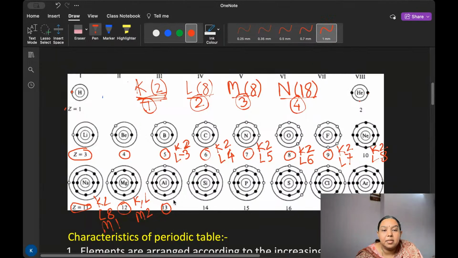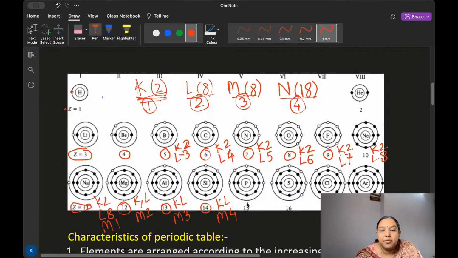Again K and L shells are filled, and in M shell we have 3 electrons. For atomic number 14, that is silicon, K and L shells are completely filled, and the remaining 4 electrons are moving to M shell.